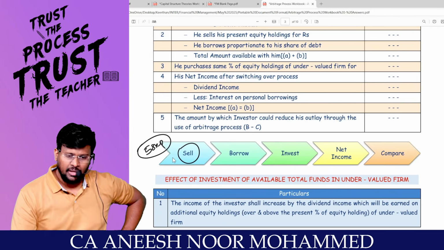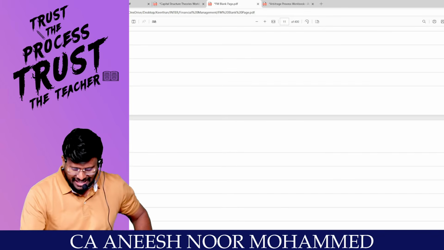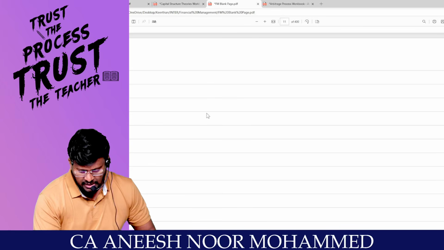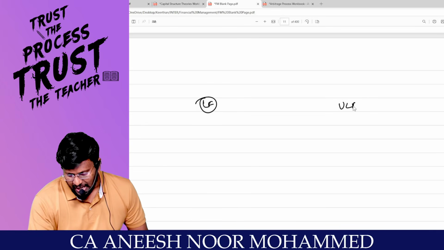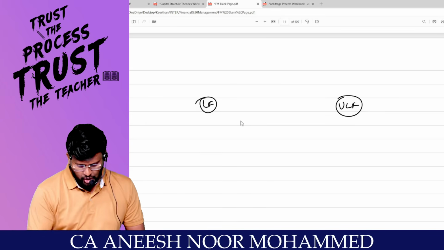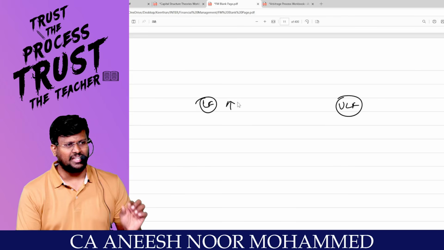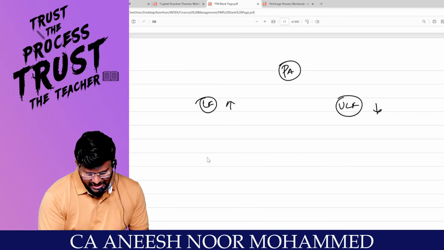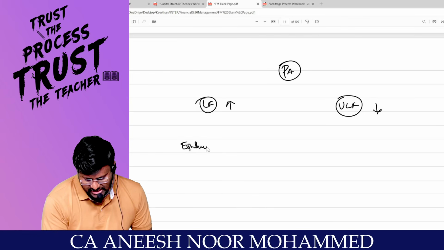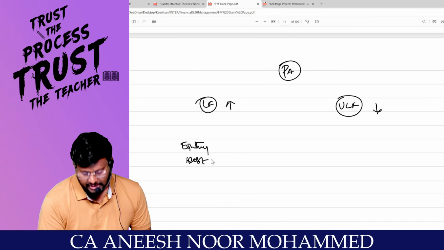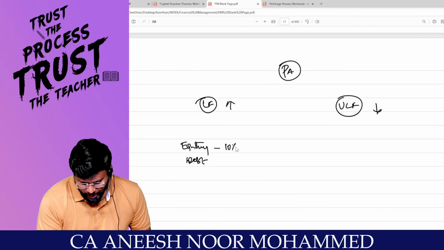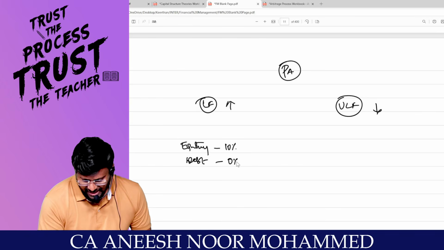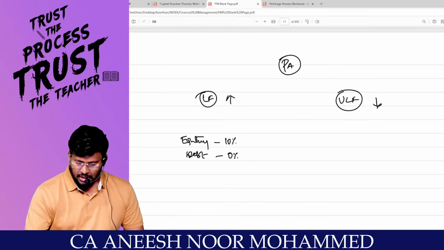Correct? Yes, sir. So, like this, you have to analyze and understand, my dear lovable students. One is the levered firm, the other is the unlevered firm. Our situation is that the value of the levered firm is higher than the value of the unlevered firm; only then will arbitrage work. In the levered firm, equity is there and also debt is there. In equity you are holding 10% and in debt you are holding 0%.